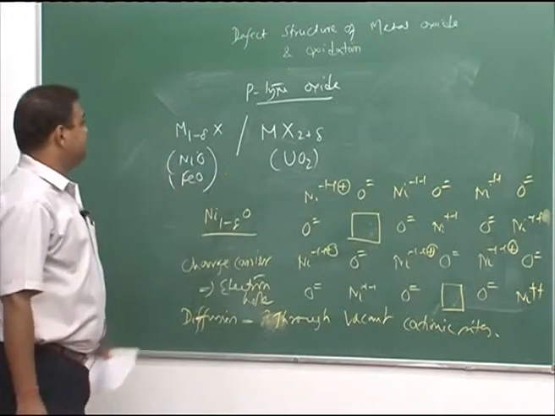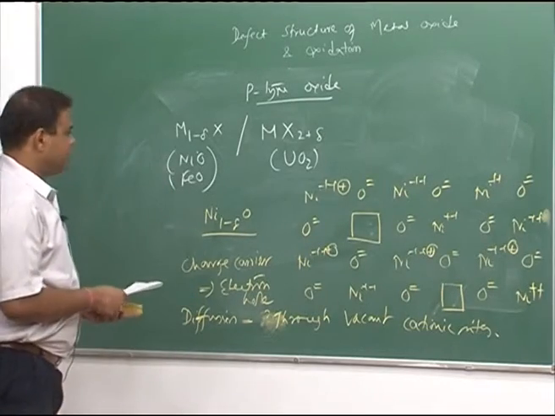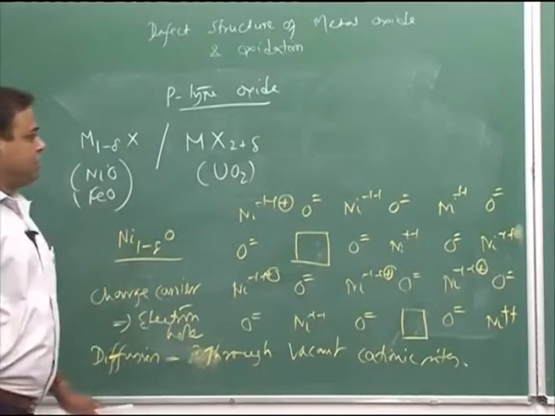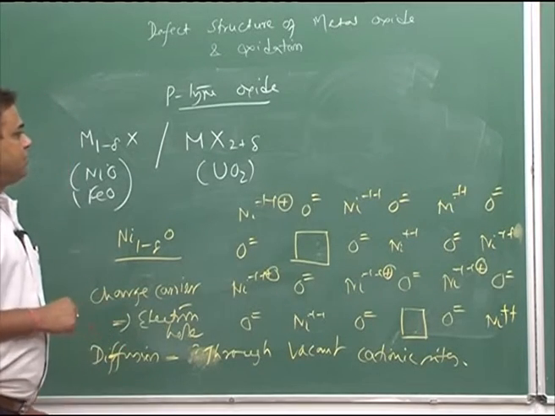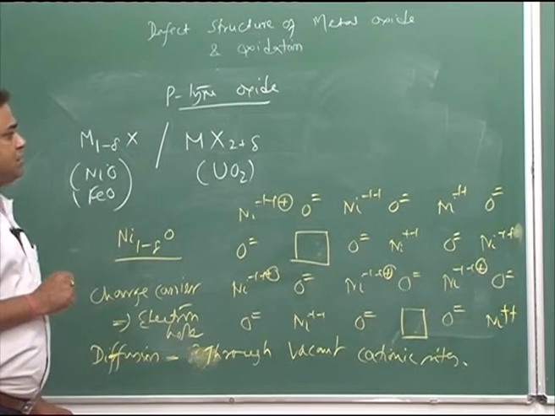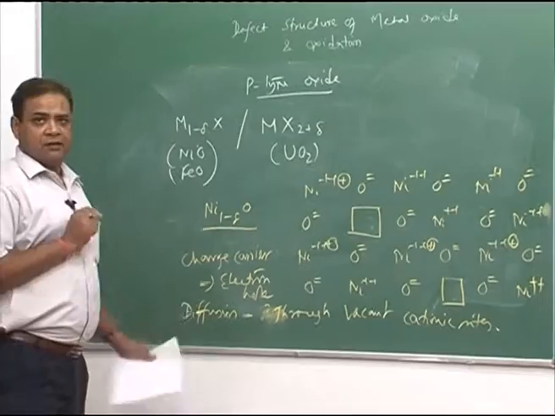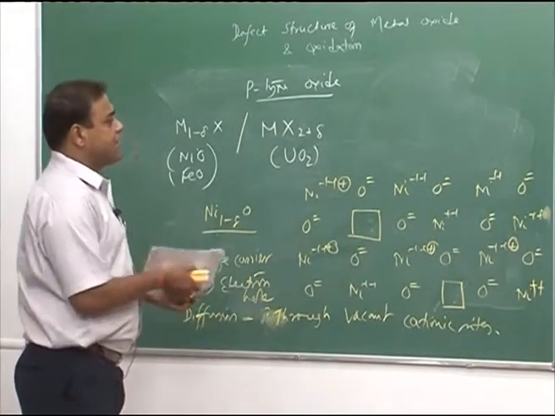So, this is the p type oxide, which is nickel oxide or iron oxide. Now, once we know these 2 types of oxides, then we can also explain in case of p type as well as n type how the oxidation is taking place. Let us try to understand that.